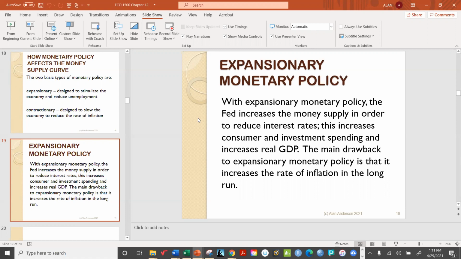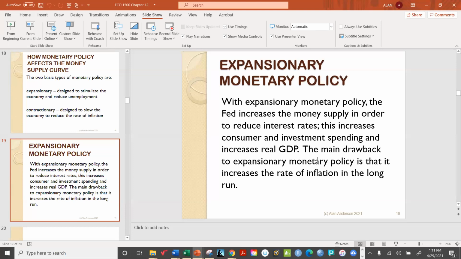But if this carries on for too long, though, all this extra stimulus will eventually trigger a higher rate of inflation. So the Fed has to keep an eye on that because remember, their number one priority is to keep inflation in check. Specifically, their target is 2%. If it starts getting above 2, they will want to start taking actions to slow it down.